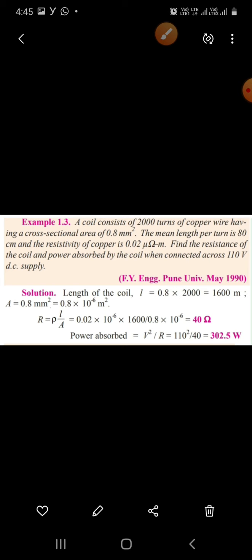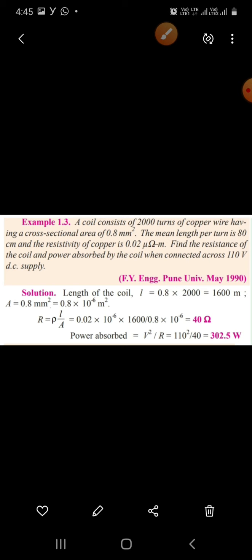Now our aim is to calculate the power absorbed by the coil when it is connected across a 110 DC supply. So here this is a DC supply and the voltage is 110.